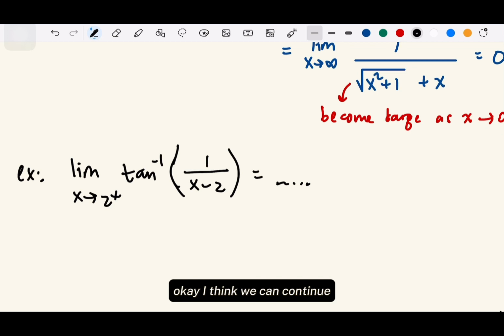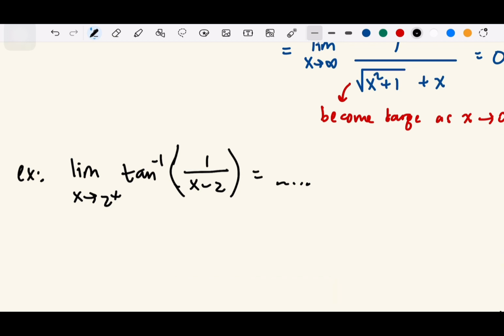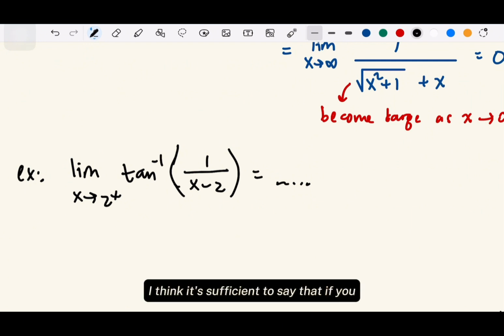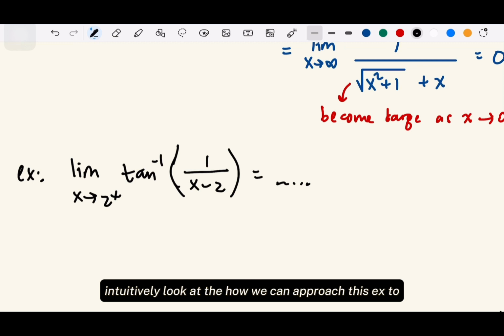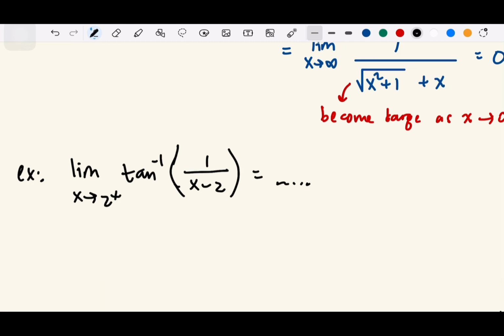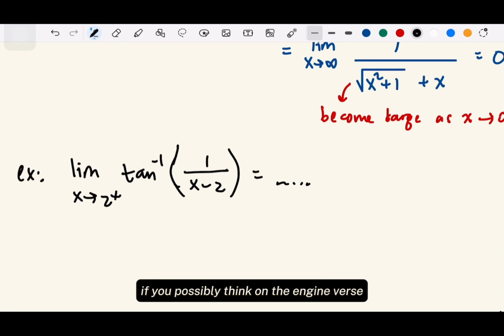Okay, I think we can continue. If you see this limit question, I think it's sufficient to say that if you intuitively look at how we approach x to the number 2 from the right side, and you consider the tangent, you know the tangent has an asymptote at pi over 2, negative pi over 2, right?